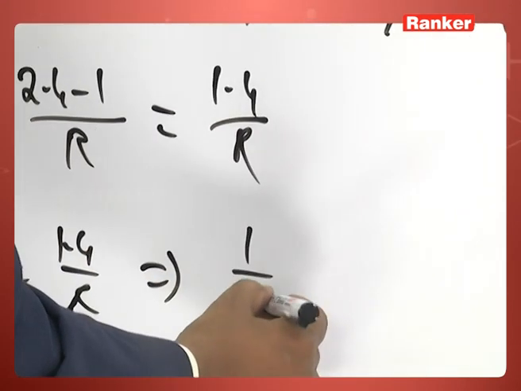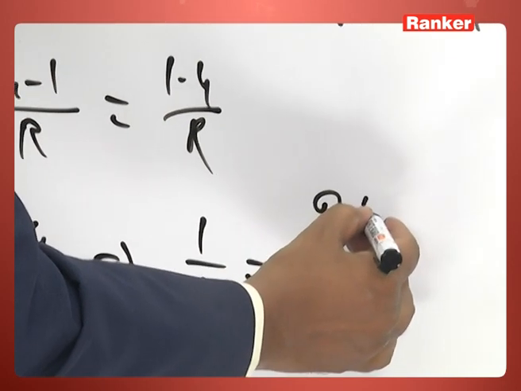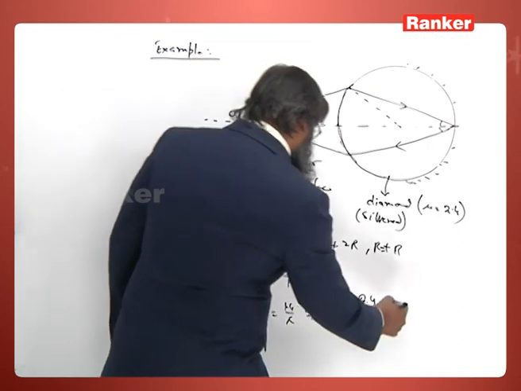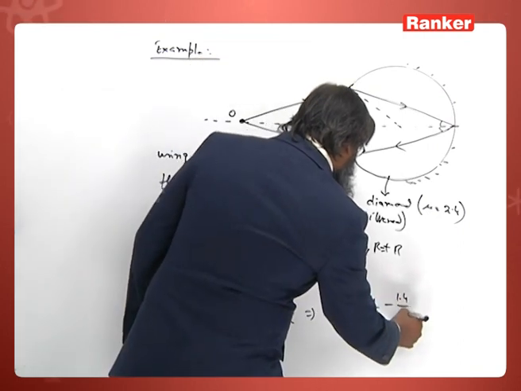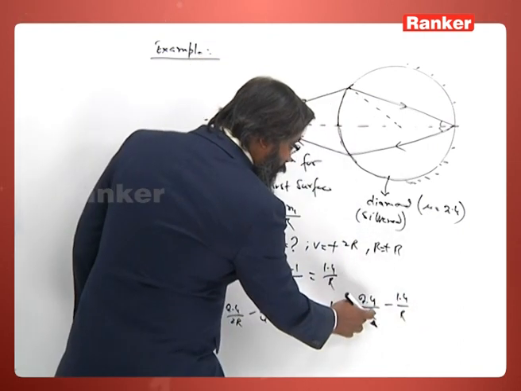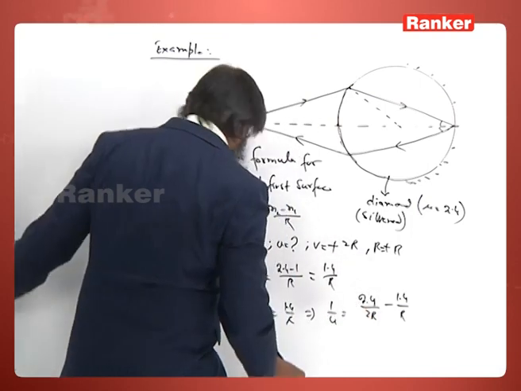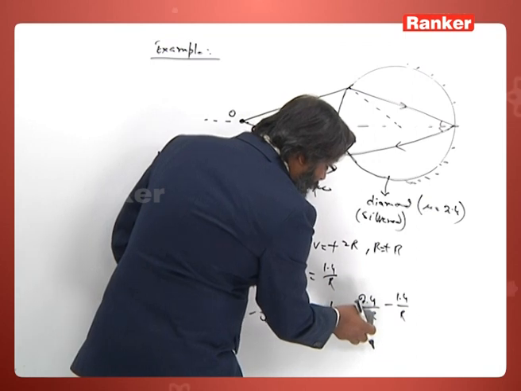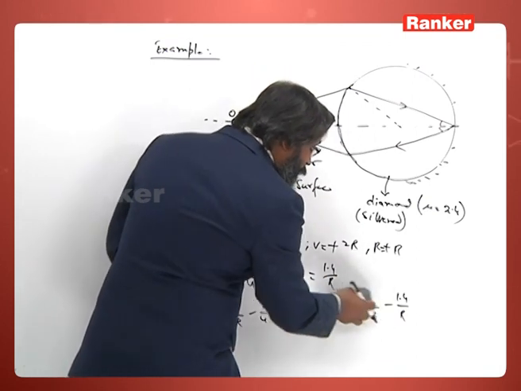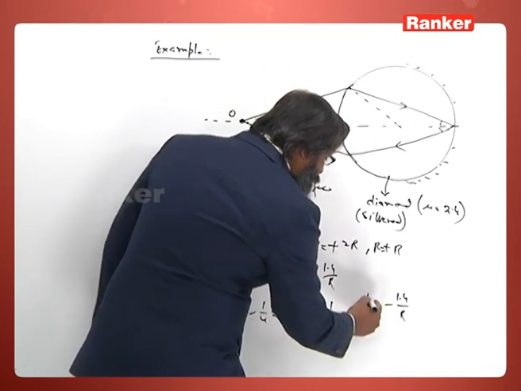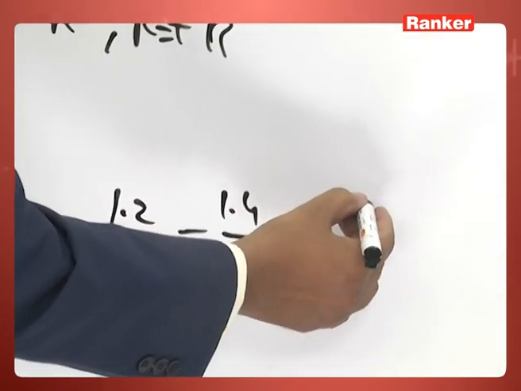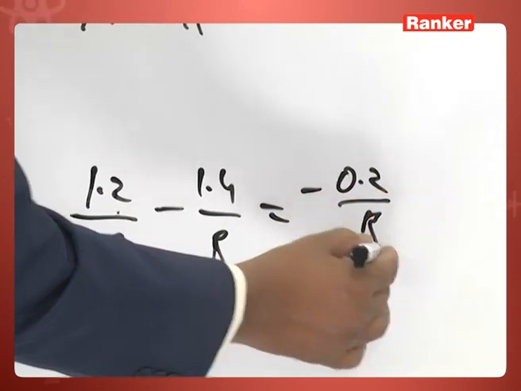So, 1 by U becomes 2.4 by 2R minus 1.4 by R. Here I can cancel the 2, so writing only R and putting the 2 here, it becomes 1.2. So, now 1.2 minus 1.4 is minus 0.2 by R.